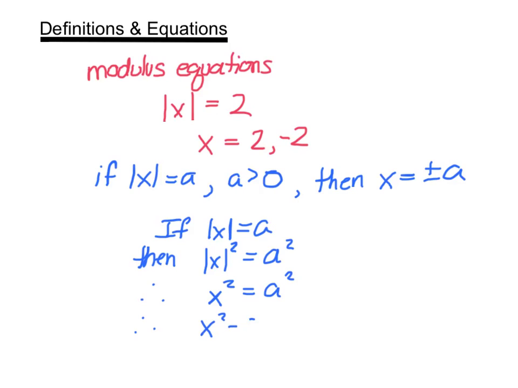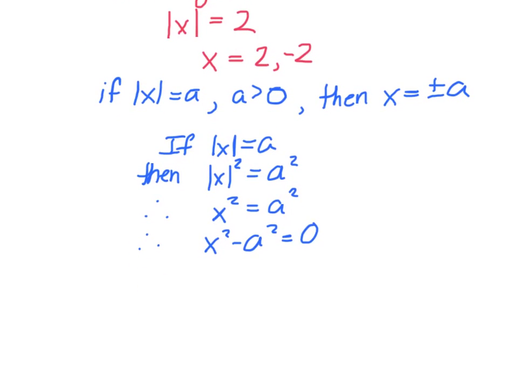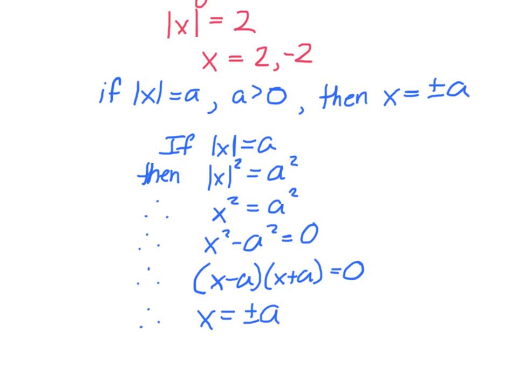We get x squared minus a squared equals 0. Do some factoring here. So therefore x minus a times x plus a equals 0. And what we have for a solution then is that x equals plus or minus a. And so here's the proof of this general statement above. And we're going to use this fact in the coming examples to solve equations that include the modulus.